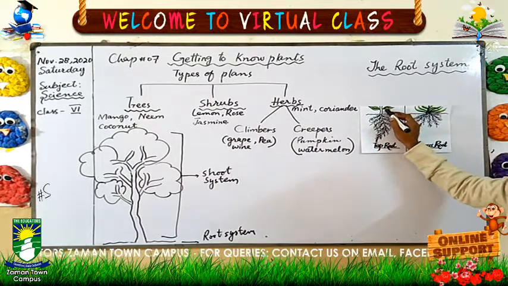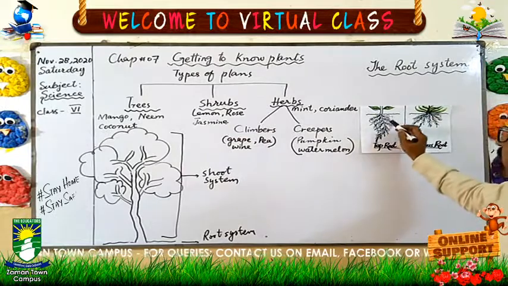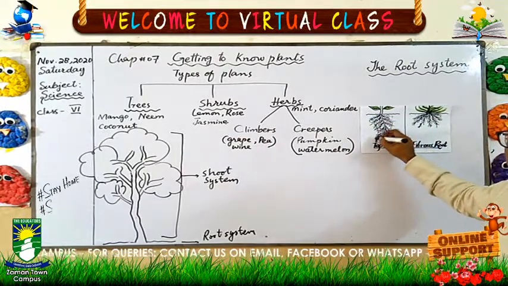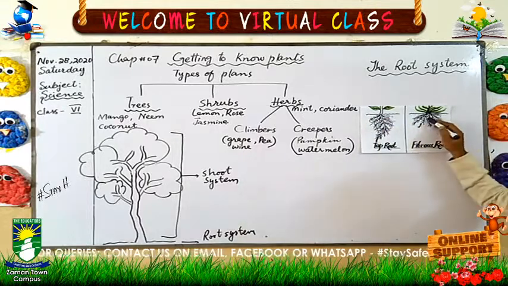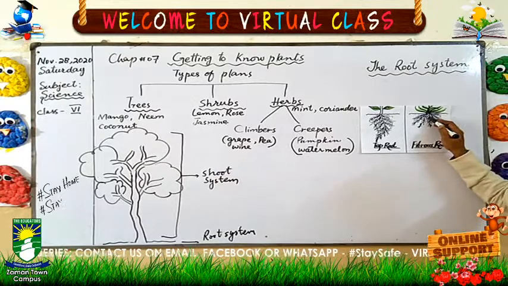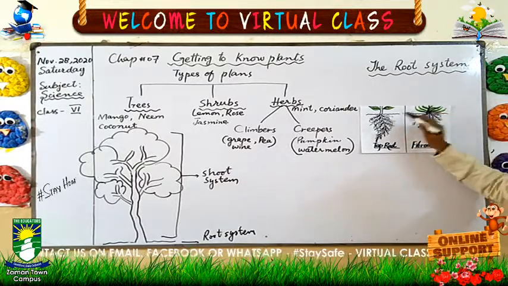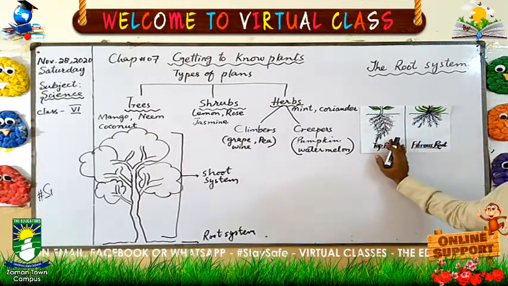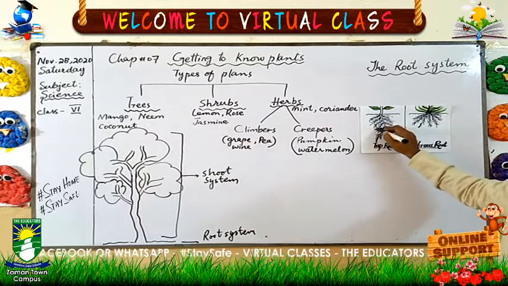Such plants have one main or taproot, and also different branches attached with the main root. Normally the big plants have a taproot and then the branched roots.